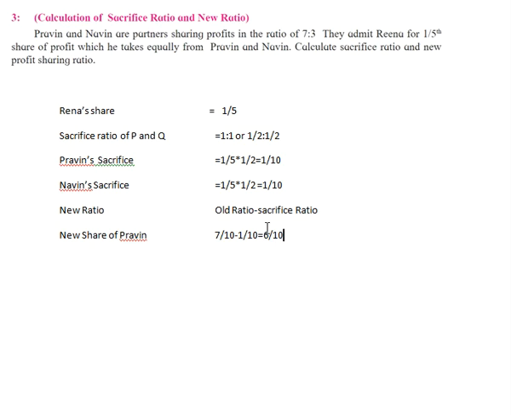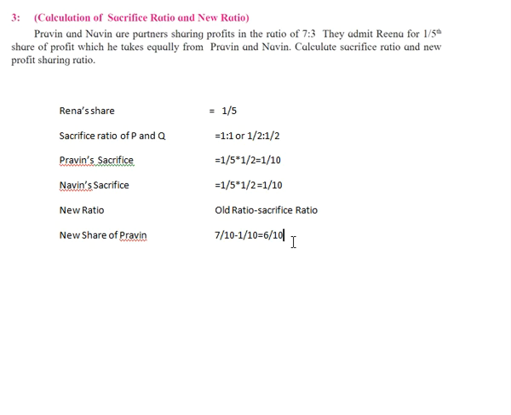So the new share of Praveen is 7/10 minus 1/10, since the sacrifice ratio is 1/10. So he will get 6/10 as the new ratio.